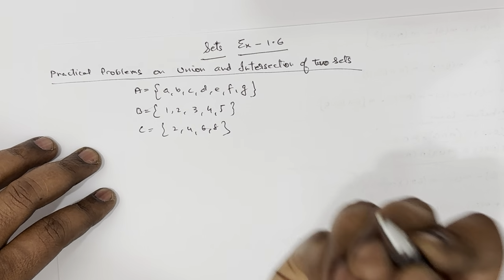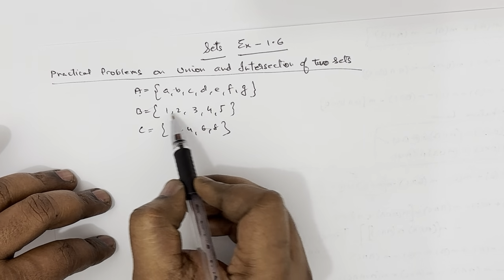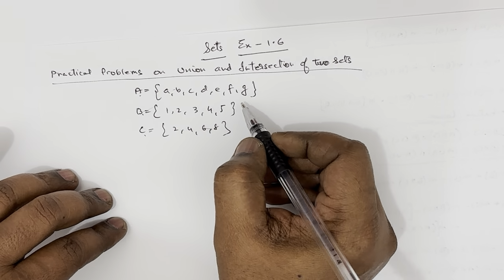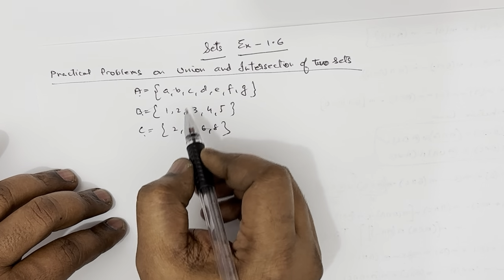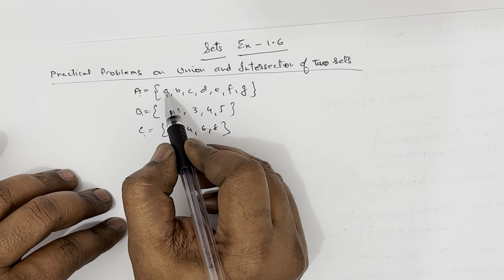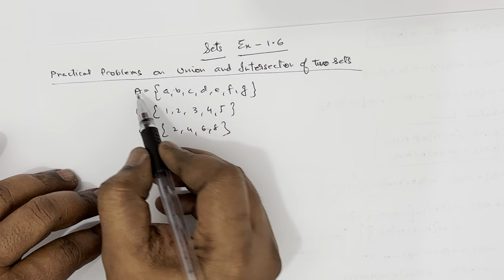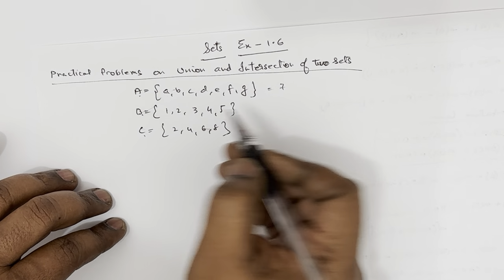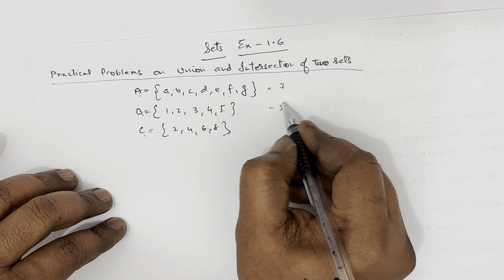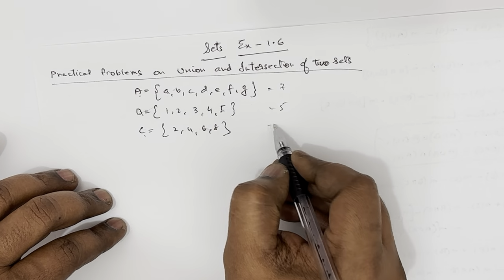These are the elements of the set A, set B, and set C. Now how many elements do we have in each set? You see, this is 1 2 3 4 5 6 7. We have 7 elements in set A, 5 elements in set B, and 4 elements in set C.